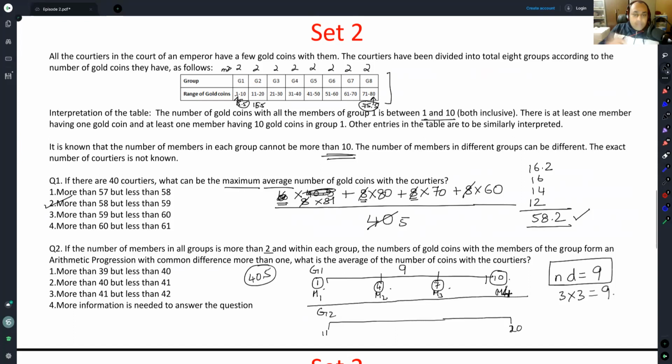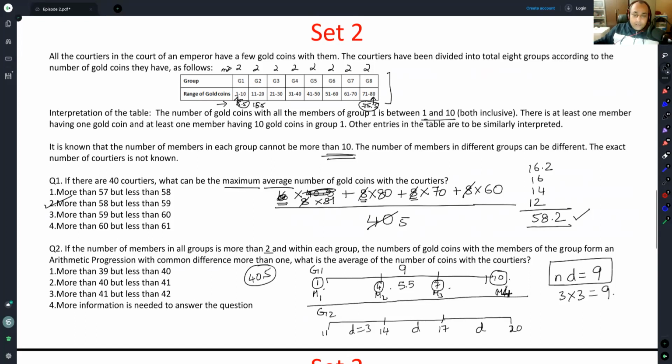So for every group, group 1, group 2, group 3, group 4, group 5, group 6, group 7, group 8, every group will have 4 members, and the common difference at each place is equal to 3. Now the average for group 1 is 5.5. Average for group 2 is 15.5.